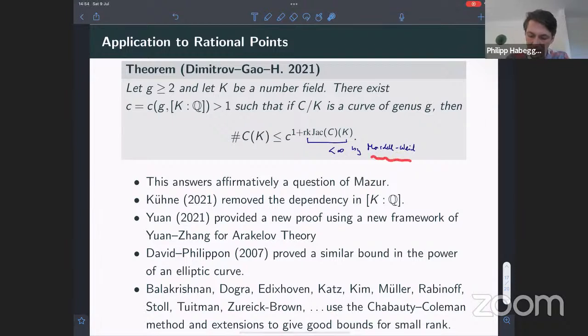So that gives clean upper bounds that are sometimes good enough to actually say something about the set of K-rational points. Whereas here in our results, the constant you see here, we're still not able to compute it. And I guess if we were, it would be astronomically large and not be able to say something about the actual set of K-rational points.